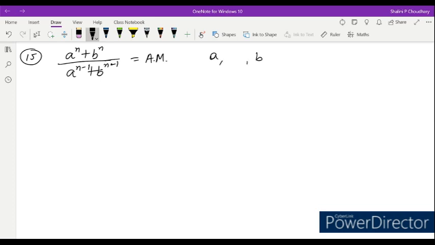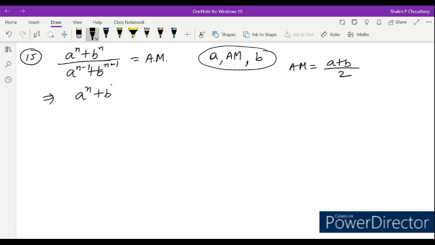So the arithmetic mean between a and b, meaning a, AM and b, these are in AP. So what will be the value of AM? This will be a plus b upon 2. It means a to the power n plus b to the power n upon a to the power n minus 1 plus b to the power n minus 1 will be equal to a plus b upon 2.